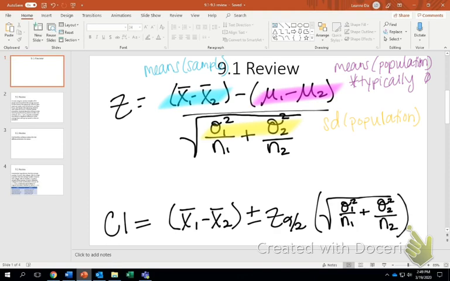All right, and again, the same numbers are still being plugged in here. The only thing that isn't is the means of the population. So that's just a quick little review of the formulas in and of themselves.